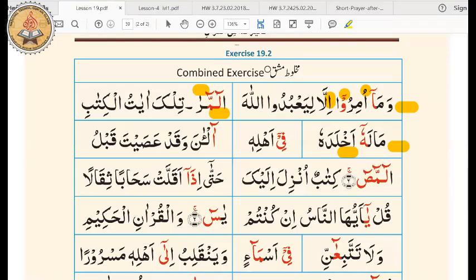Next student is A1175. Assalamu alaikum. A1175, can you hear me? Assalamu alaikum. Wa alaikum assalam. How are you? Good. Okay. A1175, we will come back to you. It's a bit noisy, something running on TV or anything.